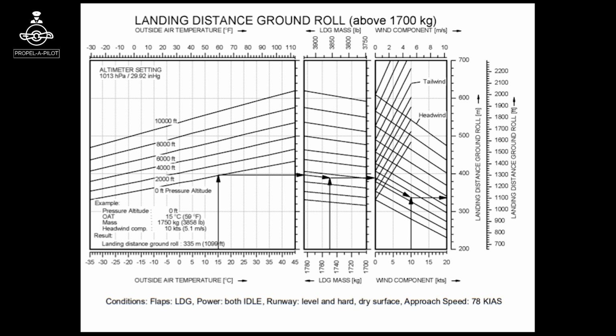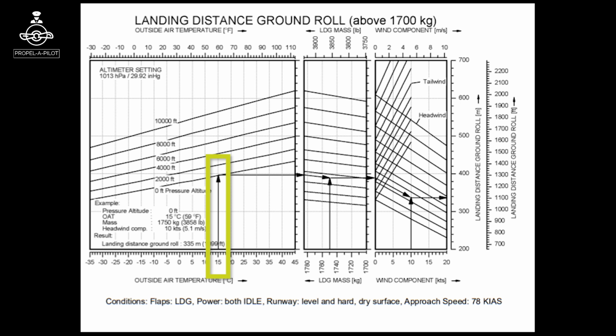First, start from the leftmost box or leftmost values in any graph. In our case, on the x-axis you see outside air temperature. We need to find our outside air temperature, that is 15 degrees Celsius. Start a line upwards, perpendicular to the 15 degrees Celsius line.